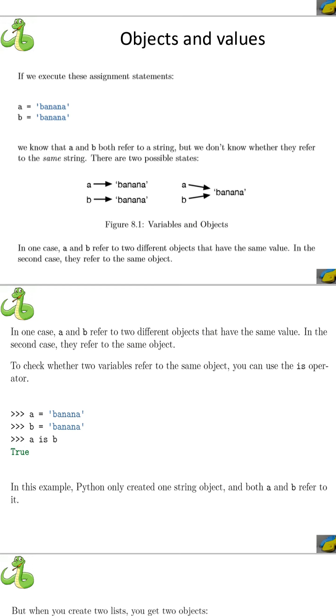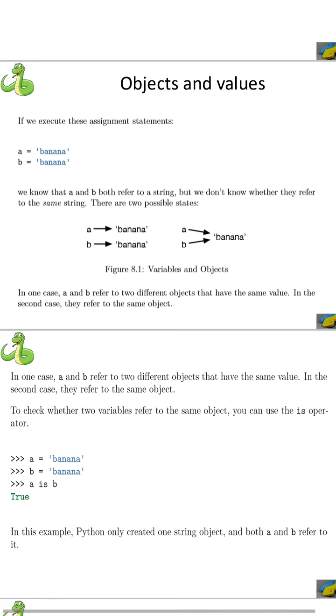What I mean to say is, in this case, the string banana for A is different, and similarly for B it is different. In the second case, if you observe, both A and B refer to the string banana with the same memory location.